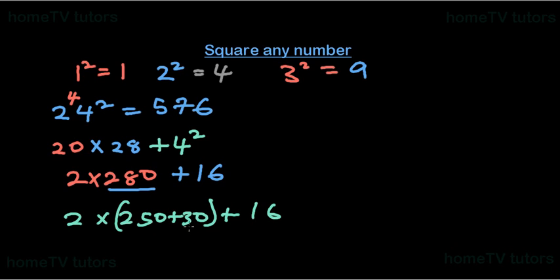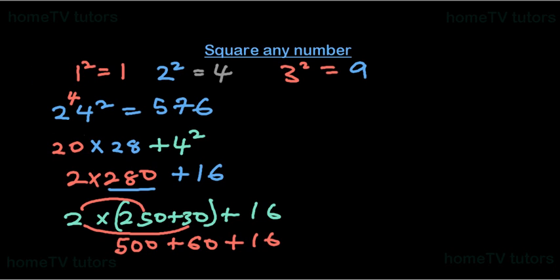Now, in order to open the bracket, you multiply the 2 numbers inside of the bracket by 2. So 2 times 250 will give us 500, plus 2 times 30, which will give us 60. Then you add the 16.